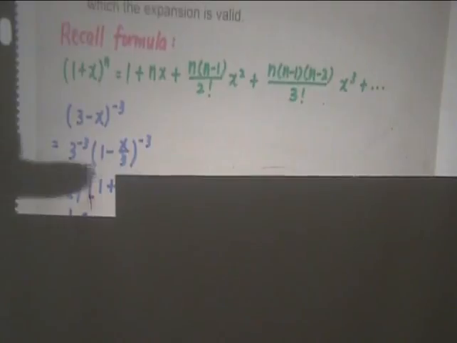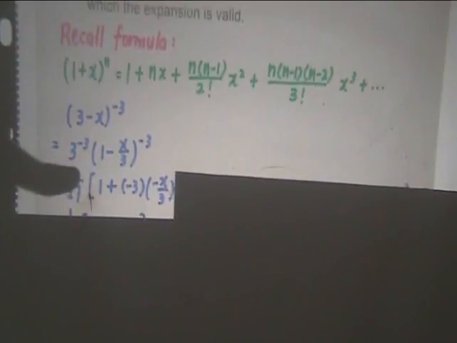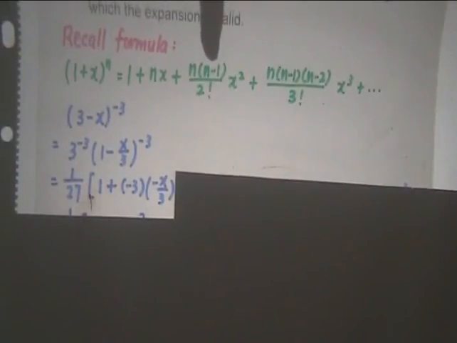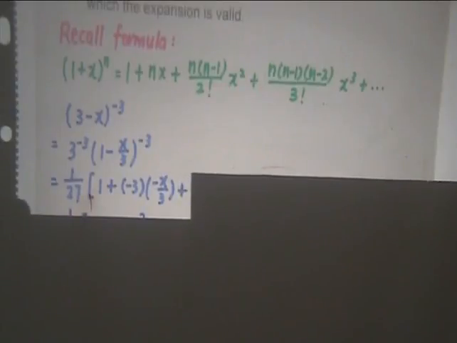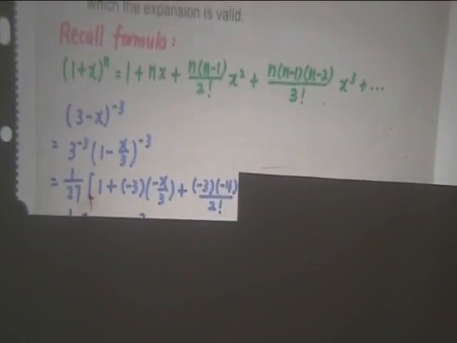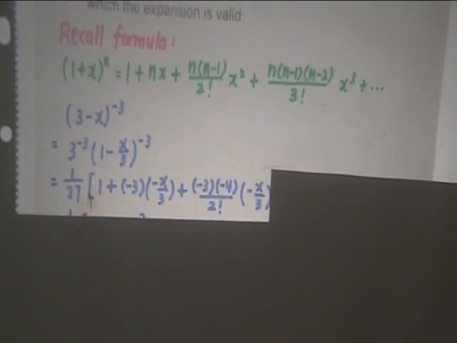In this case, n is minus 3, and your x is actually this term over here, which is minus x over 3. So we go on to the next term, n times n minus 1. So n is minus 3, so n minus 1 will be minus 4, over 2 factorial, multiplied by x squared, and in this case x is minus x over 3, and then squared.